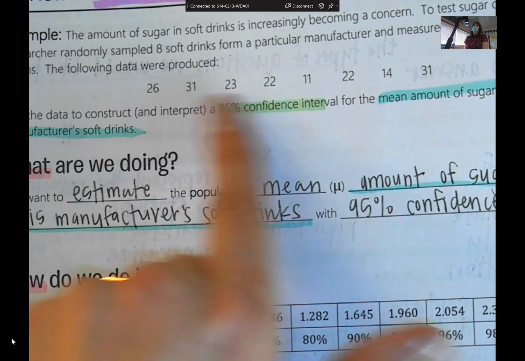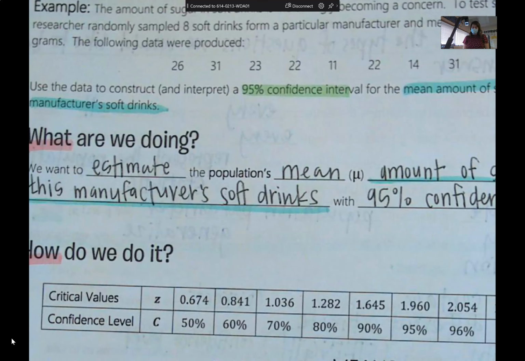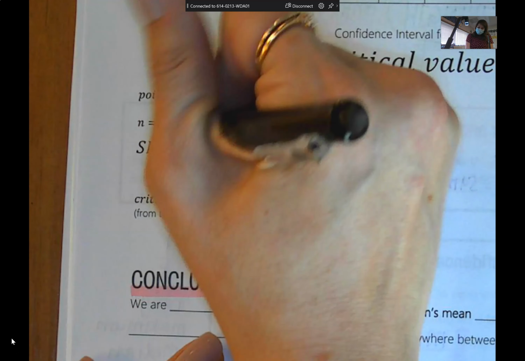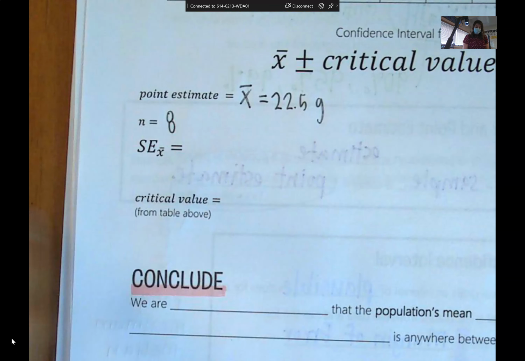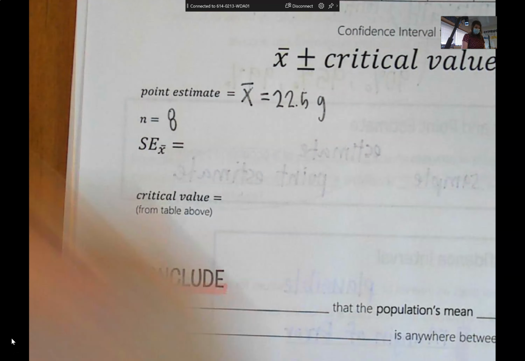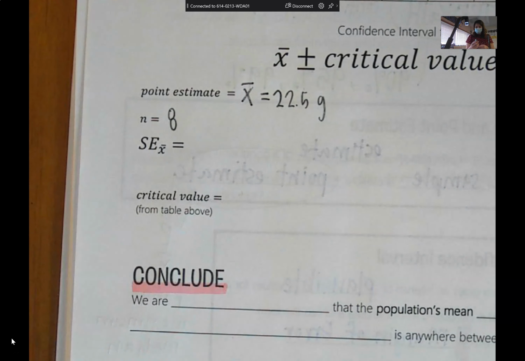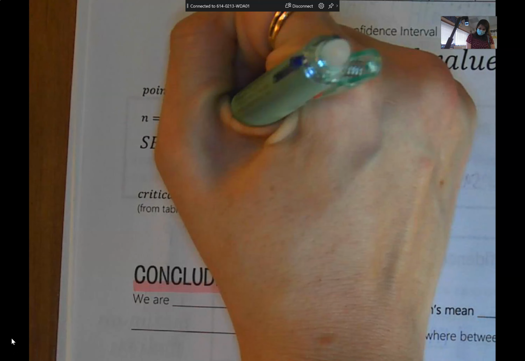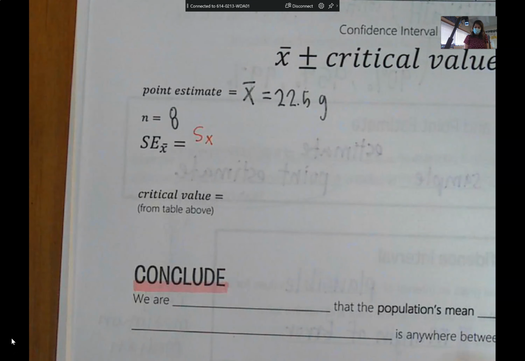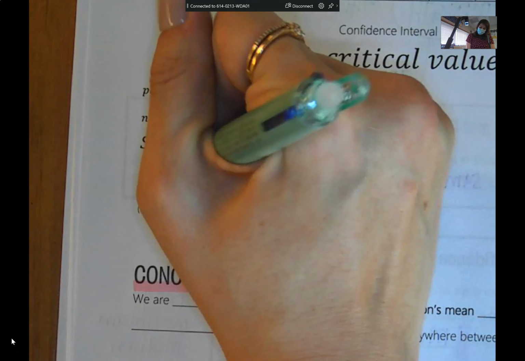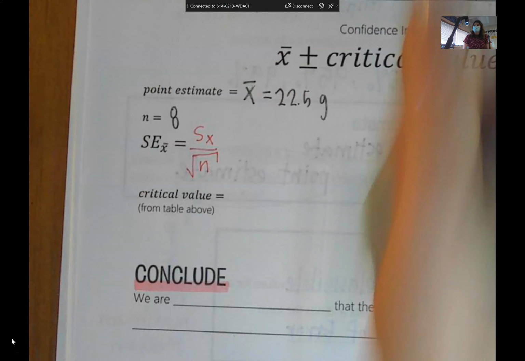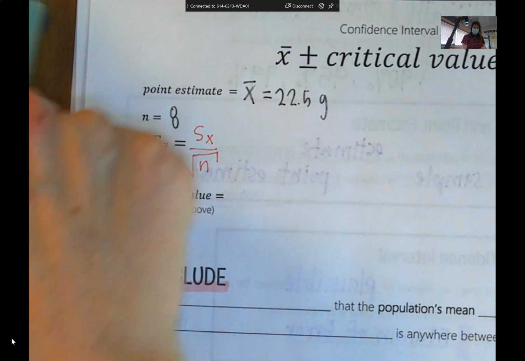So how spread out are these 8 values? To find that, you take this new value called S sub x, so S and a little x, and you divide that by the root of your sample size.